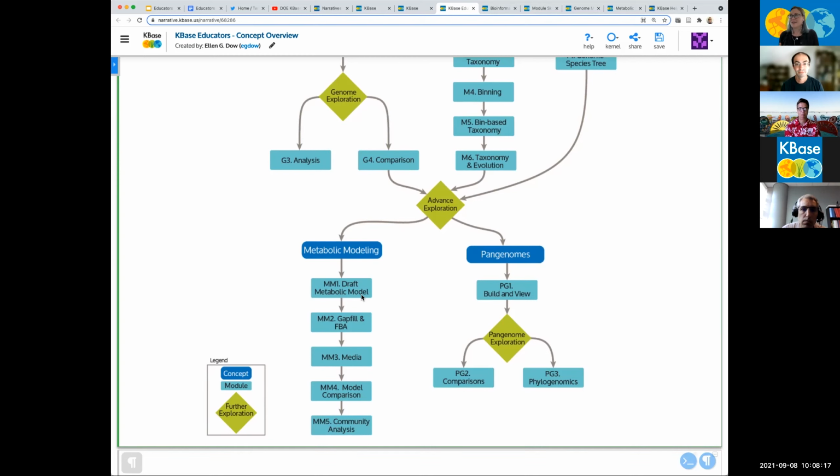It also embeds some information about background, as well as instructions, including data, different apps, as well as embedded questions. And each of our educators today will walk through how those have been adapted.